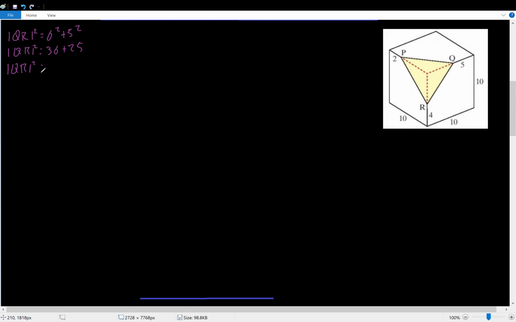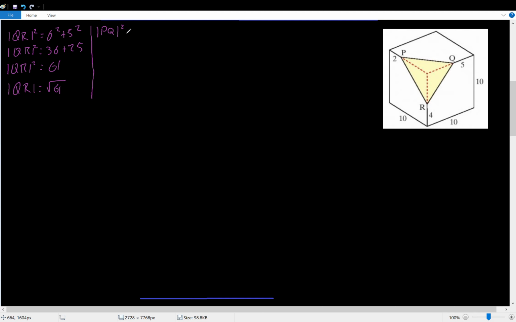So QR squared is equal to 61, which means QR is equal to the square root of 61. It'll actually be far more convenient for us to leave this in surd form. And you'll see why when we get to the cos rule that we're going to use to get the angle PQR. Next up, we'll do PQ.